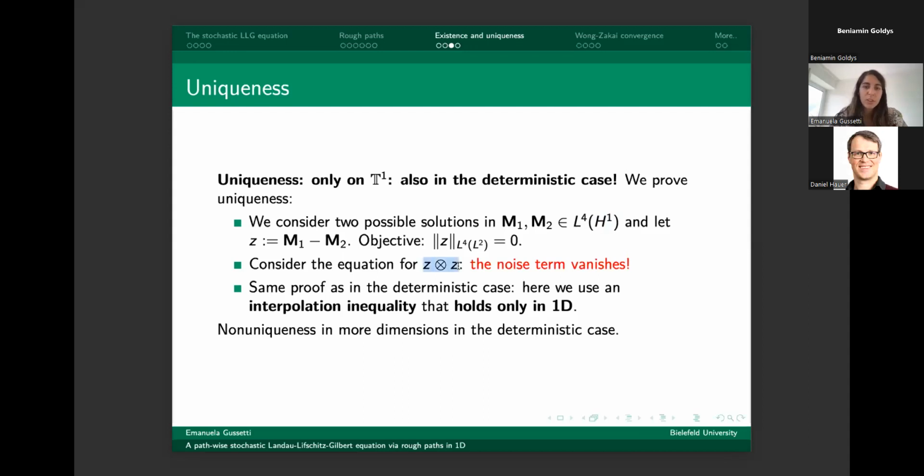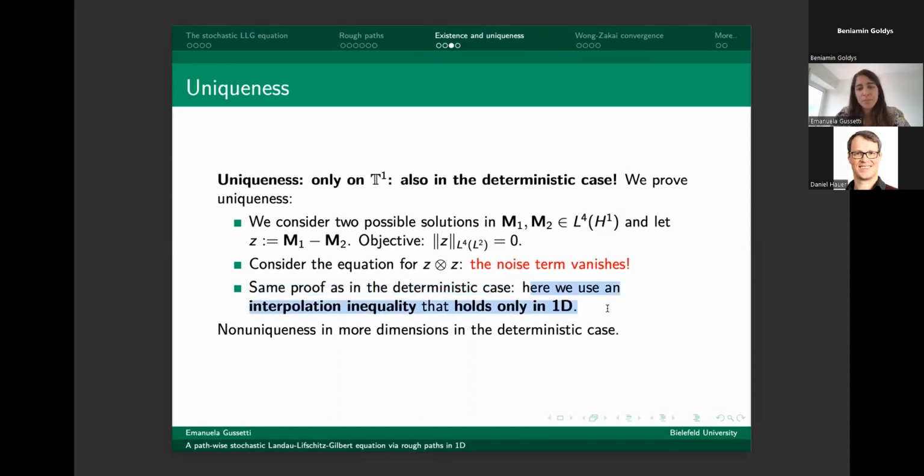So we consider the product of the two. Also in this case, the noise term is vanishing because of the symmetry properties of the noise that we saw before. And basically the proof is like in the deterministic setting. So here we thank the analysts who did it before us.